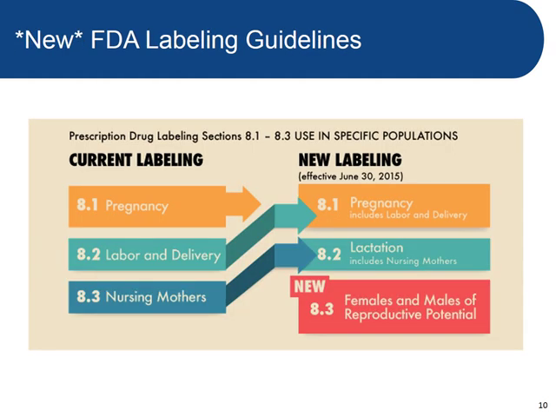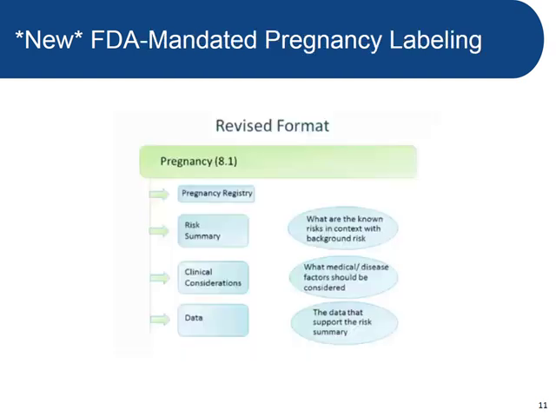So the new guidelines, drug labeling did change a bit, as I mentioned, so that first category, pregnancy, became pregnancy and labor and delivery. There's now a section for lactation, and then there's a new section that discusses reproductive risks of meds for both males and females. So not just pregnancy and lactation, but also reproductive risk.